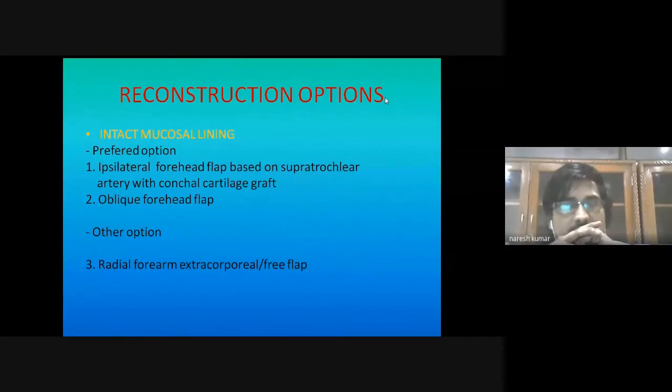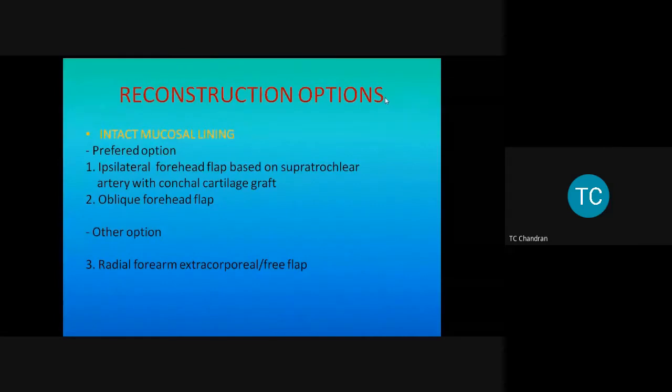On reconstruction options, if there is an intact mucosal lining, I will prefer an ipsilateral forehead flap based on the ipsilateral supratrochlear artery. No, no, we are talking about excision of skin alone or excision of the total right nose. We'll divide it into two and then talk.